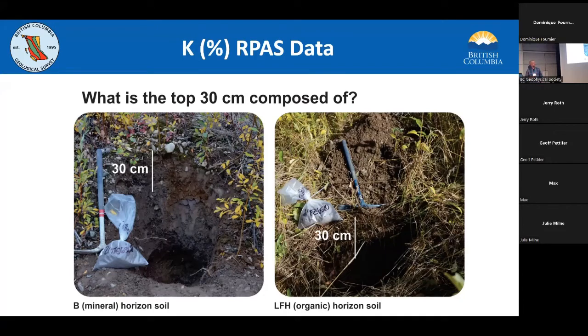And you can see quite a difference in what that top 30 centimeters looks like. This is actually dominated by forest litter. We'd call it an LFH horizon, or maybe even an AH, which is more of a decomposed version of that. In other words, the lithic soil is deeper, and these water-rich sediments are probably attenuating those signals.